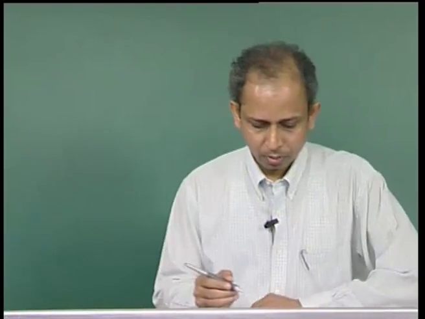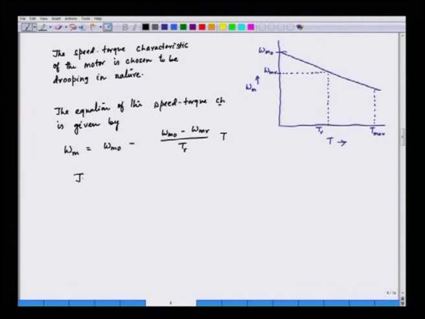Now, we can apply the dynamic condition here. We know that whenever a motor runs, it obeys a dynamic equation, and the equation is as follows. J d omega m by dt is the inertial torque, where the moment of inertia is J and d omega m by dt is the angular acceleration, plus the load torque T L is equal to capital T, the torque which is given by the motor.